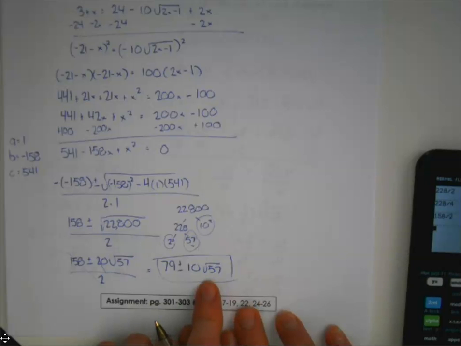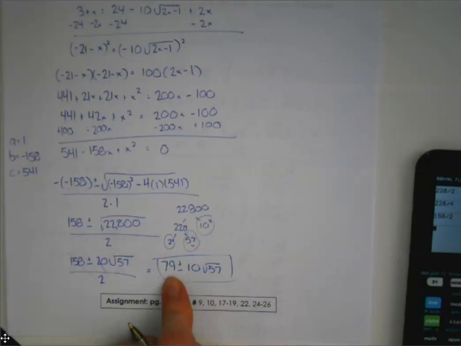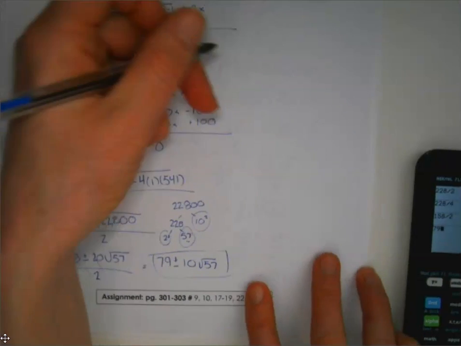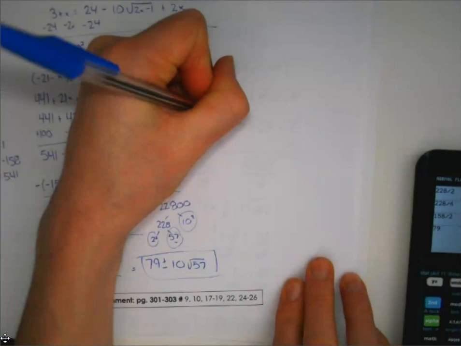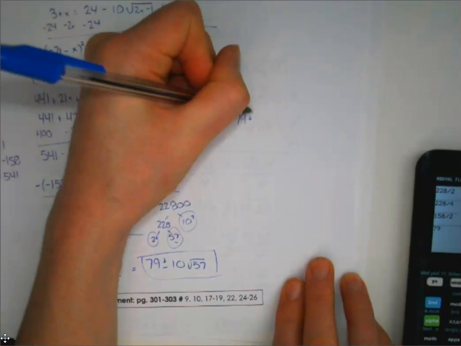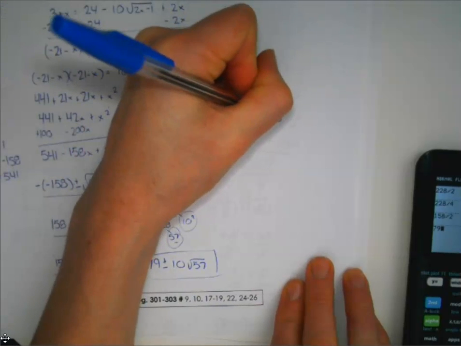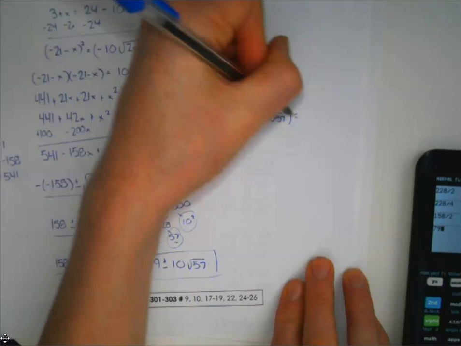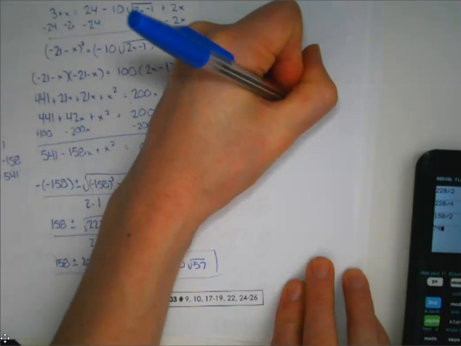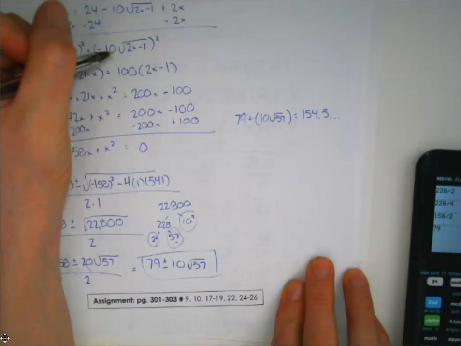However, in order to do our verification, it is helpful to bring it down to a decimal point. So basically, you would do 79 plus 10 root 57, which gives you 154.5 something, so that's our decimal.